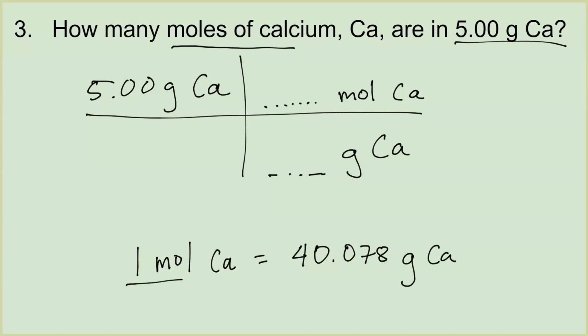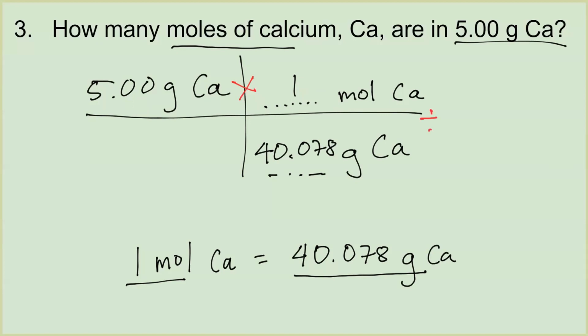So I have to plug the 1 in and I have to plug the 40.078 in. The 1 is going to go with the moles. The 40.078 is going to go with the grams. Now on this one, with the multiplication division I have to do, I'm going to multiply across. So I do 5 times 1, but then I have to divide by 40.078.